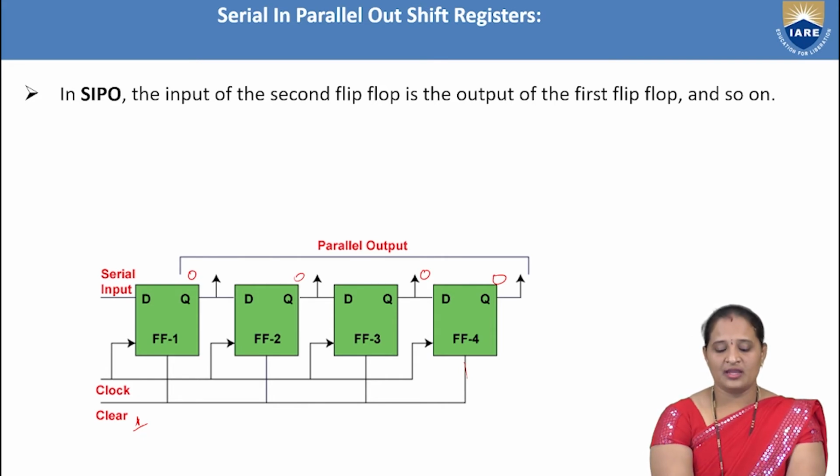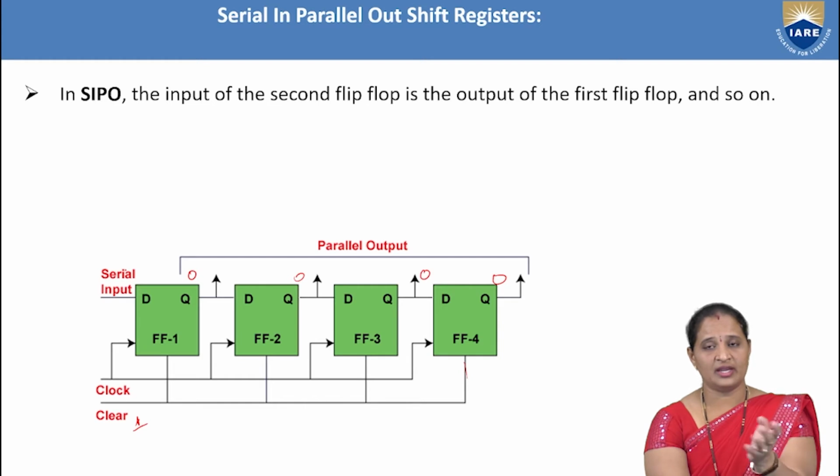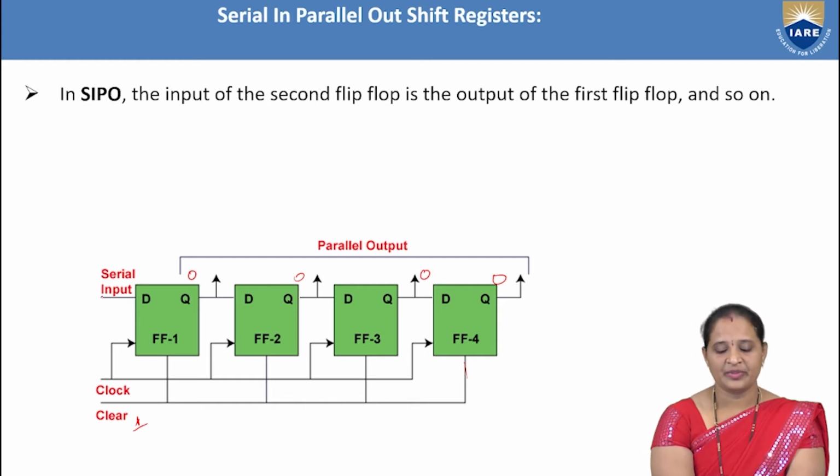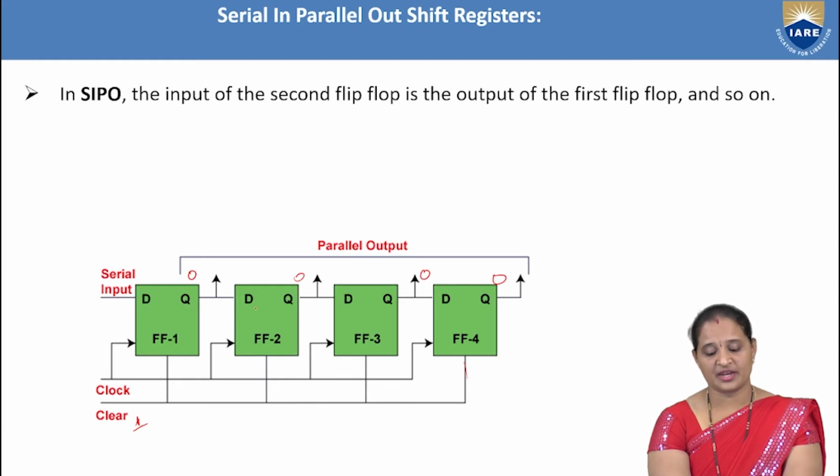If you see the serial input, we are loading the data in serial fashion. That is why we connect the serial input to the leftmost flip-flop, the output of the leftmost flip-flop is connected to the second one, the output of the second is connected to the third, and the output of the third is connected as input to the fourth flip-flop.